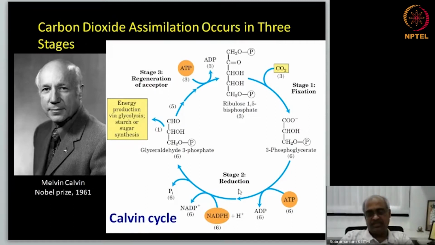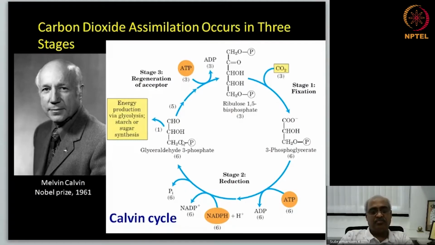The next stage is the reduction of that to the aldehyde form, that is glyceraldehyde 3-phosphate. So these are actually the reactions of glycolysis, very similar enzymes, so this will not be difficult for us. We just need to place this in the overall context of understanding flow of carbon in the biological system.